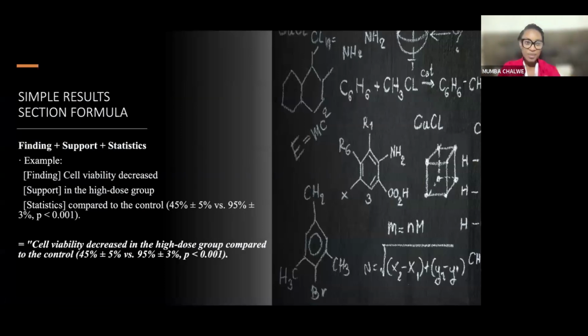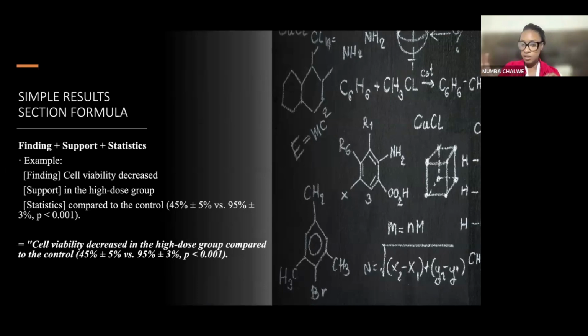So results section, I put a formula there. I hope the black background is showing. Basically, finding plus support plus statistics, okay? So in a mouse-based study or something, you find that the viability of the cells decreased, right? So that's your finding.